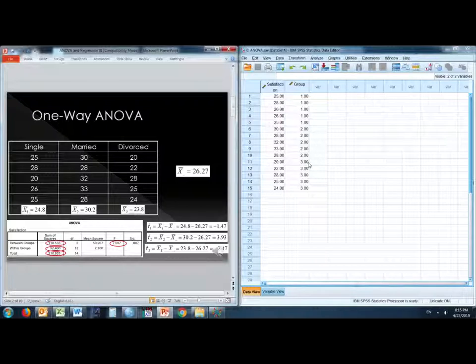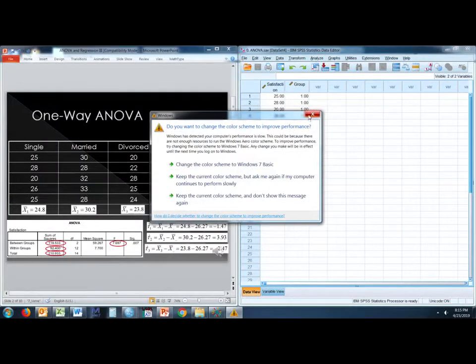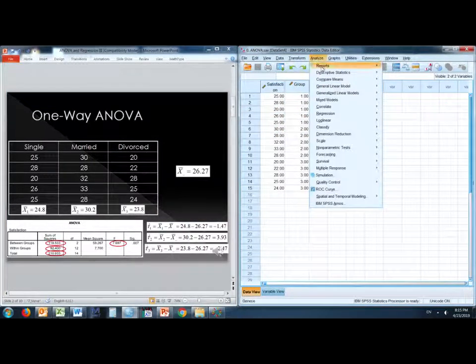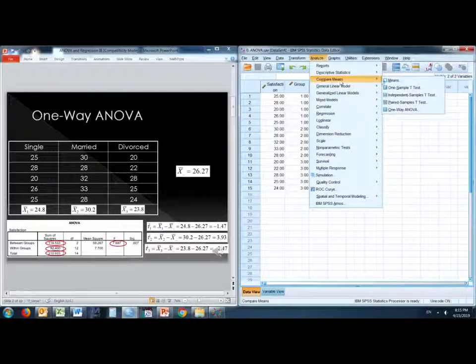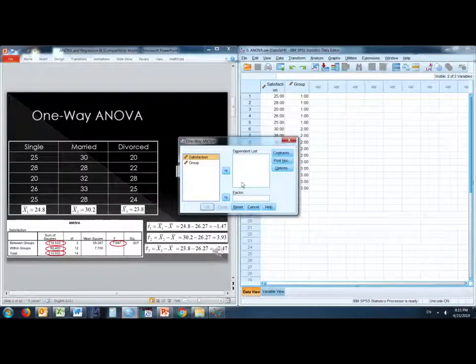To conduct a one-way ANOVA, we go to Analyze. We go to Compare Means, then click on One-way ANOVA. We move the dependent variable to dependent list and the group variable to factor.